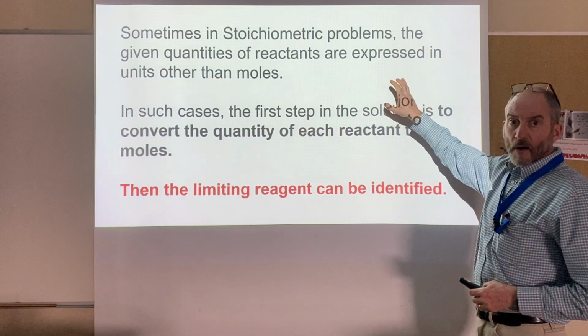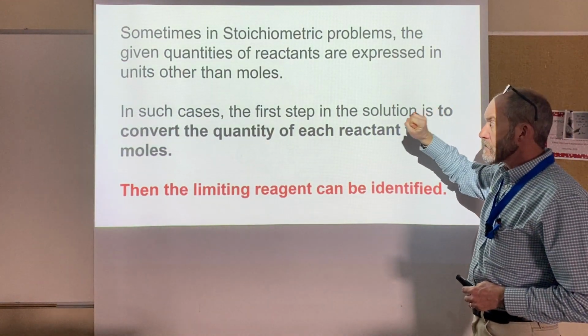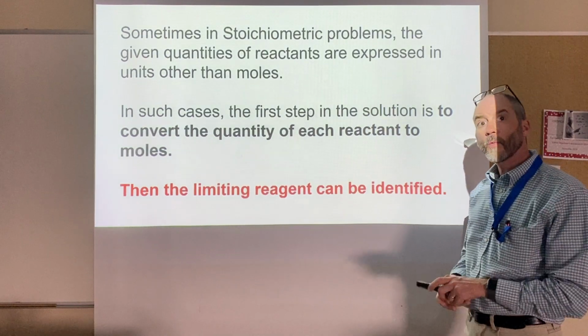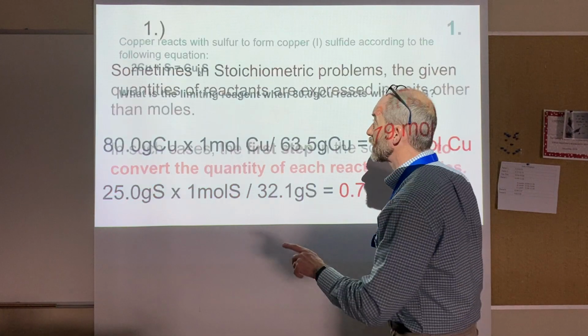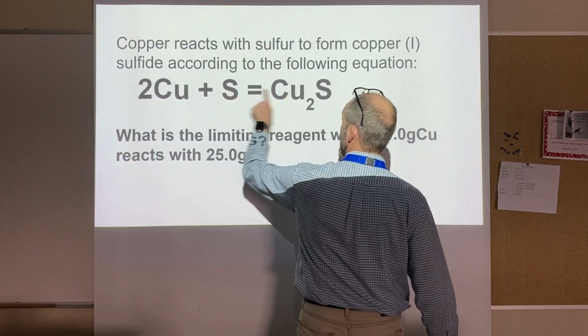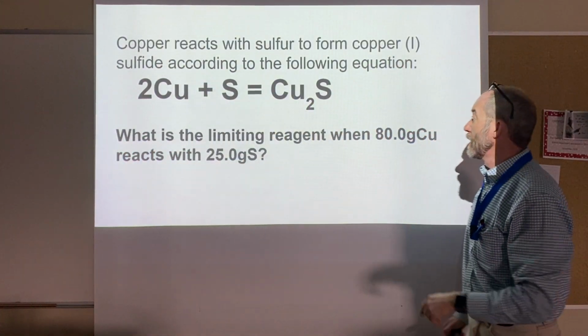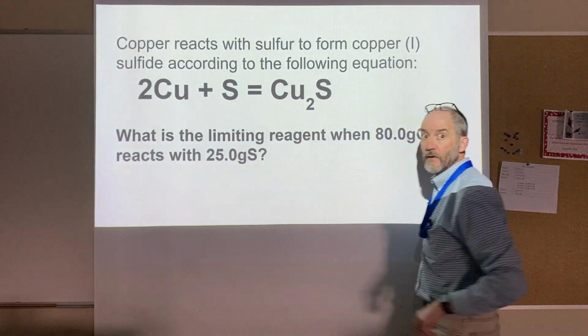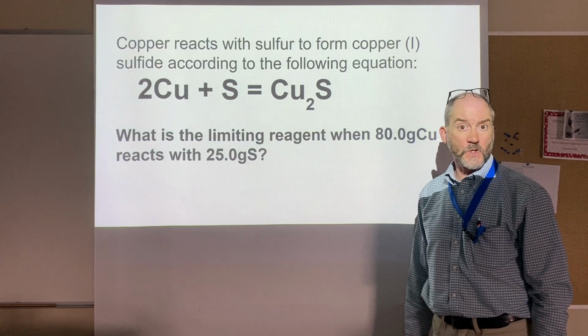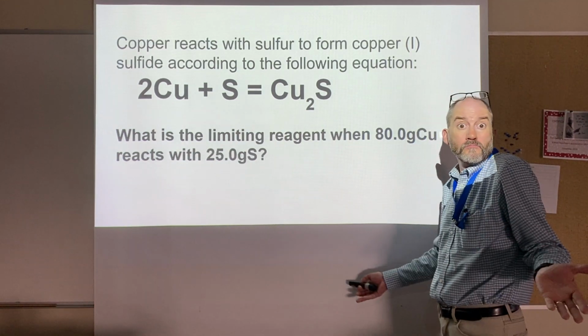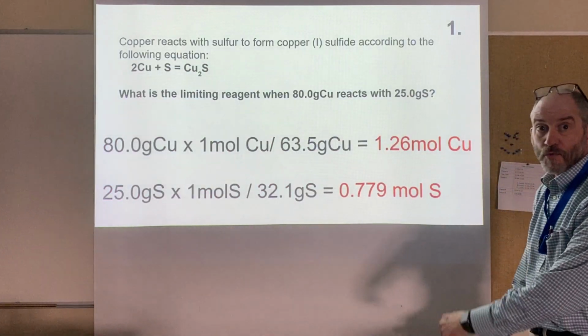So we took our masses, we converted them to moles. Now we need to identify for this reaction, with 80 and 25, which one is our limiting reagent and which one is our excess reagent? Or are they equal? Are they all used up?